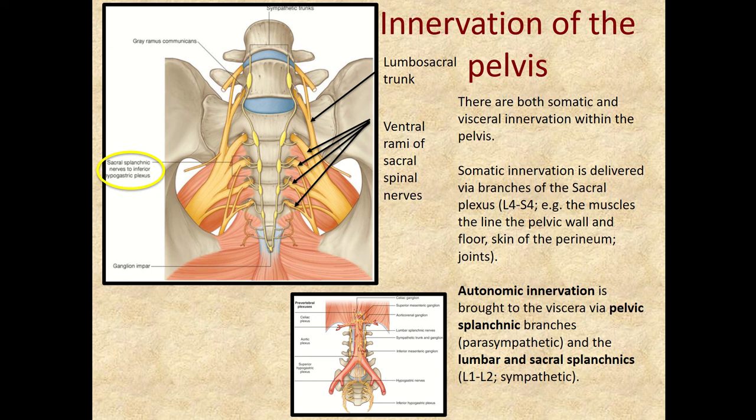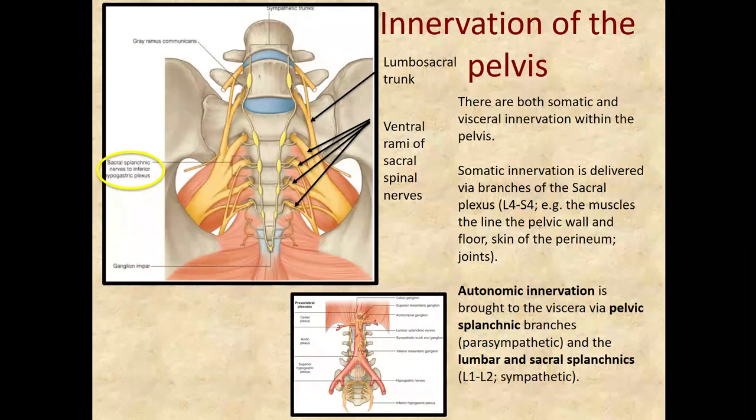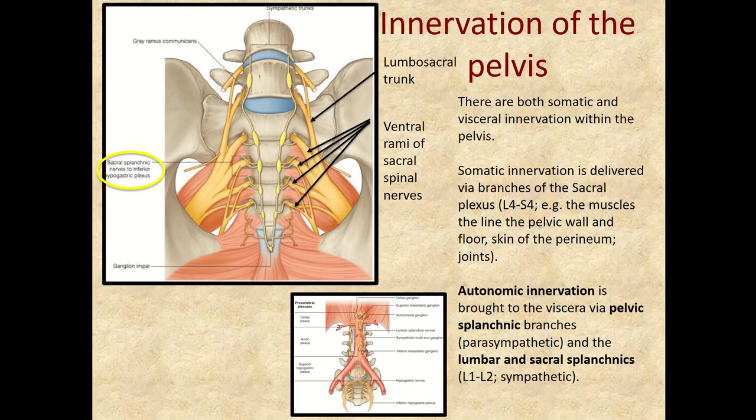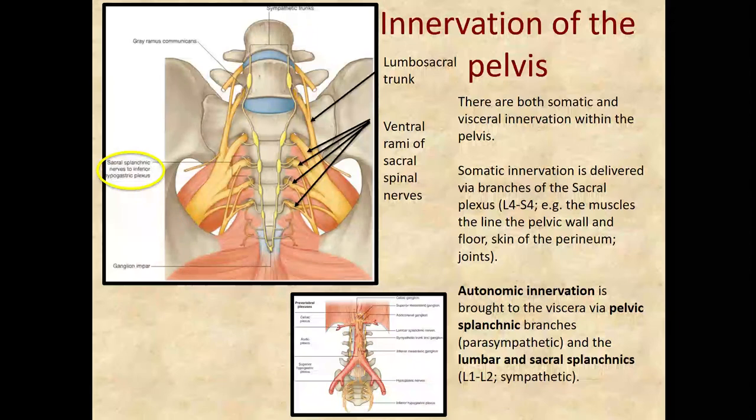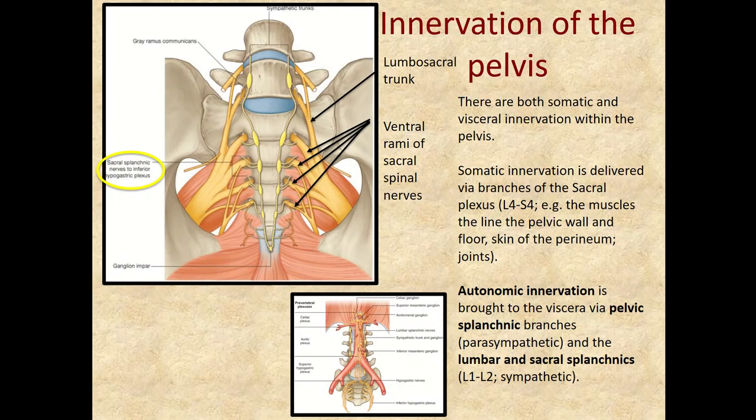If you're asking yourself about autonomic innervation, it is twofold, as it is in most places. There is parasympathetic innervation, and in most of the abdomen, parasympathetic innervation comes from the vagus, but starting at the descending colon, parasympathetic innervation switches over. It's not going to come from the vagus nerve anymore.